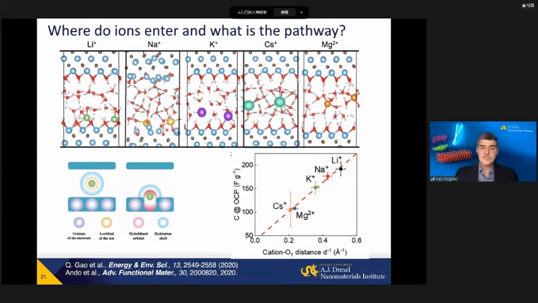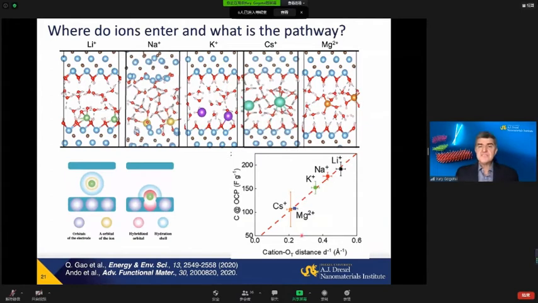I'm just giving an example of the most common MXene here, and this definitely leads to more significant charge transfer. As a result, larger capacitance values. It's an inverse of the distance of the cation to the oxygen of the surface in this case here.